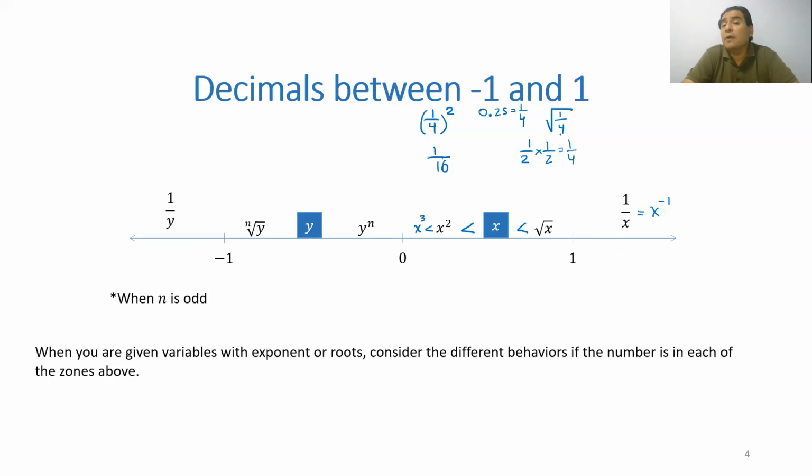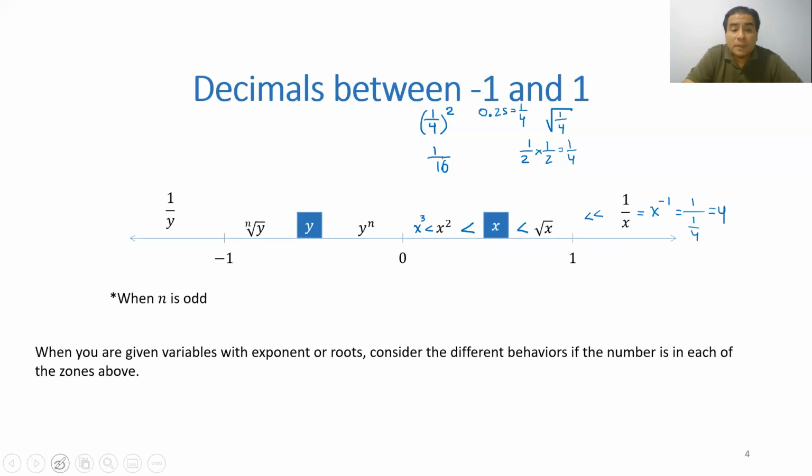So in the case of 1/4, this would be 1 over 1/4, which means 4, right? So you can see that powers with negative exponents of positive decimals are always greater than 1, okay? Much bigger than the original numbers.